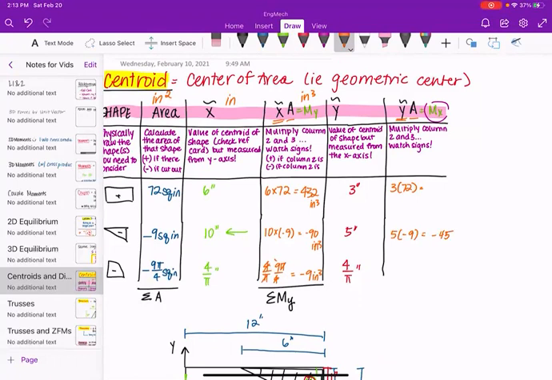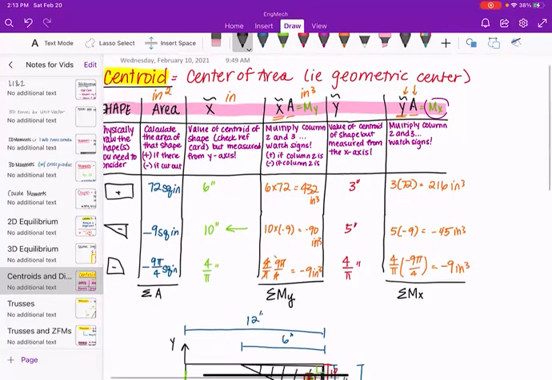And then it would be the same thing: 4 over pi times -9 pi over 4, so that would just be -9. And then 3 times 72 is 216. Again, these are all inches cubed, because you have inches times inches squared. All right, and then lastly, you sum these, and you get the sum of the moments about the x-axis.